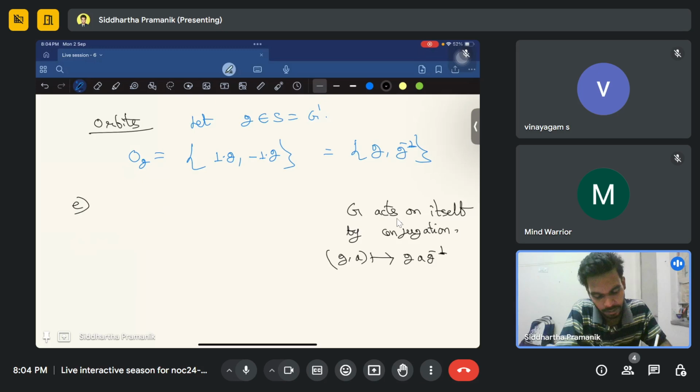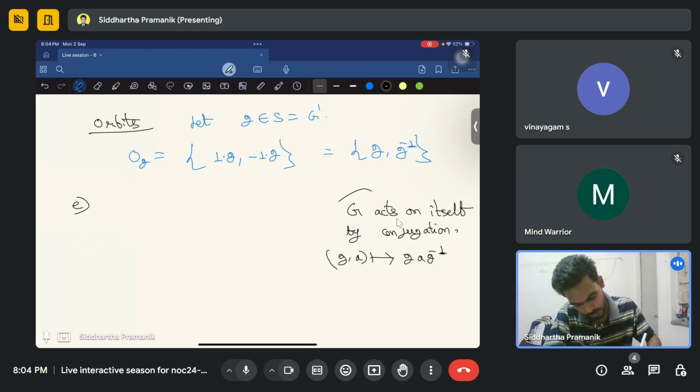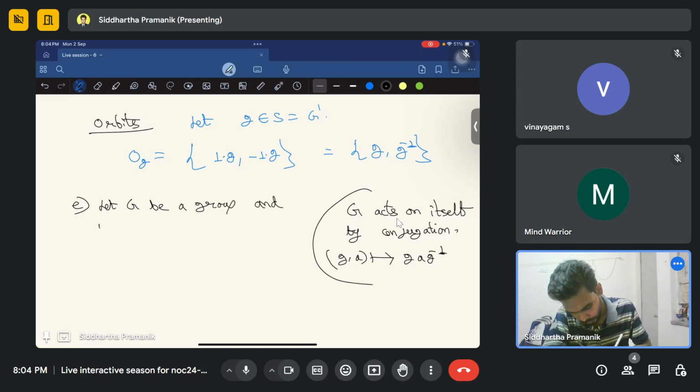So this can be done more generally. So let G be a group and N be a normal subgroup of G. Now let's take S equal to N.